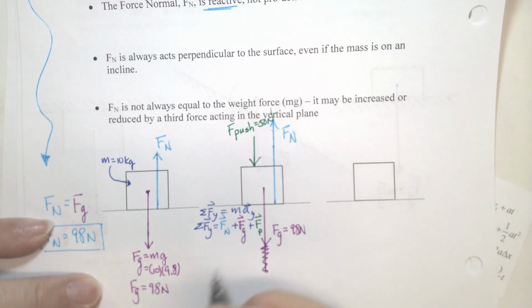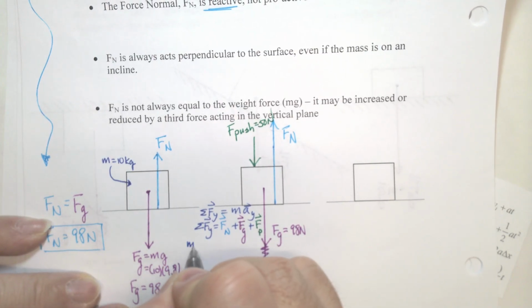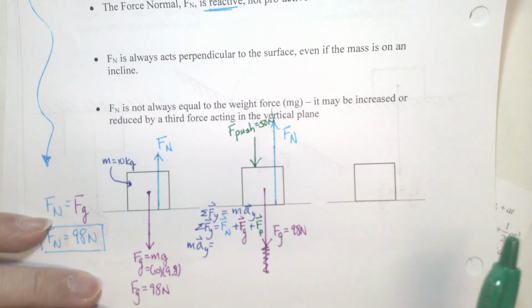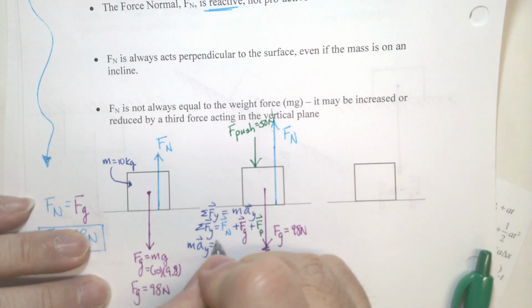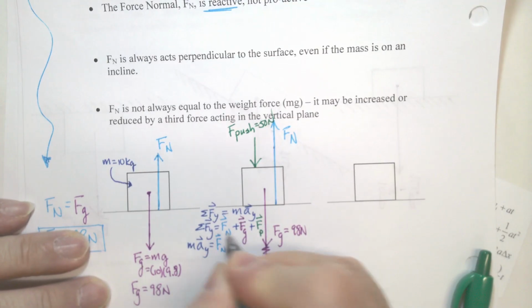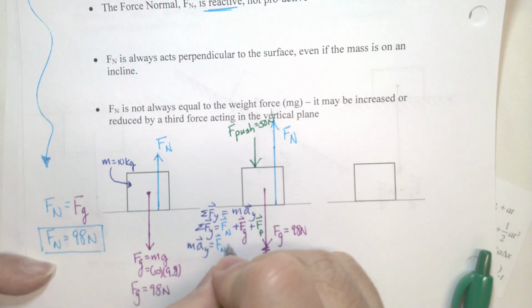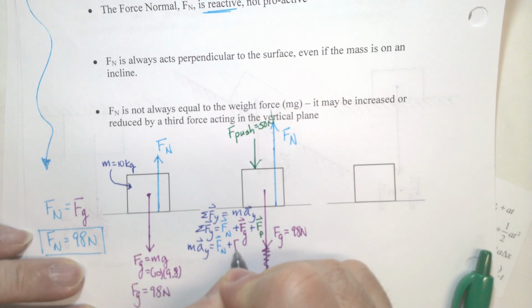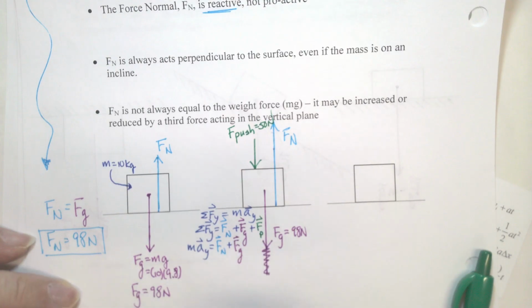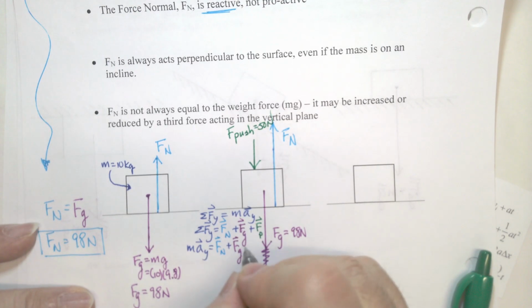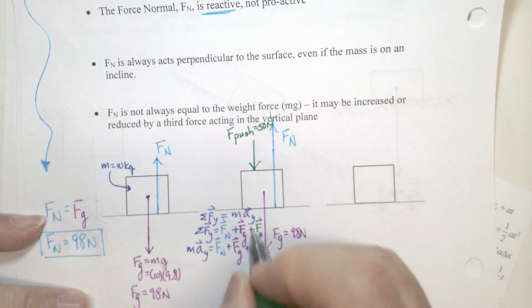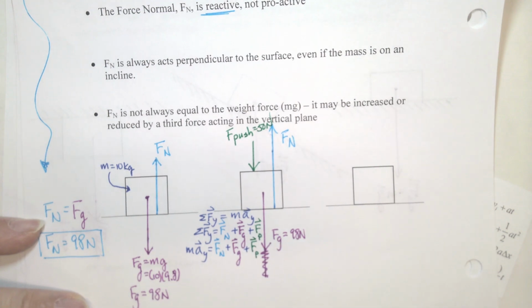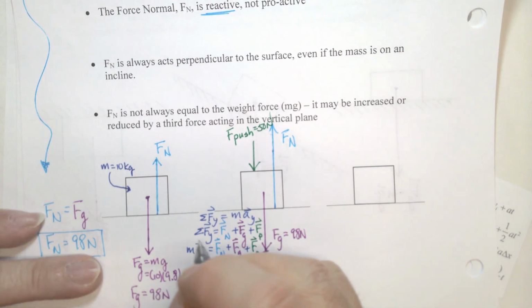I can set these equal to each other, saying m a_y is equal to F normal plus Fg plus F push. Now give directions.